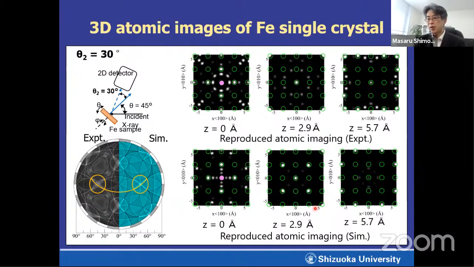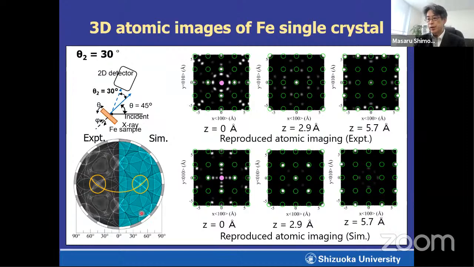It is a little bit complicated, so let me explain in detail. First, we calculated the simulation image by using full atoms in the crystal model cluster of iron 001. Then, using the simulated hologram pattern like this, we performed the regression analysis.